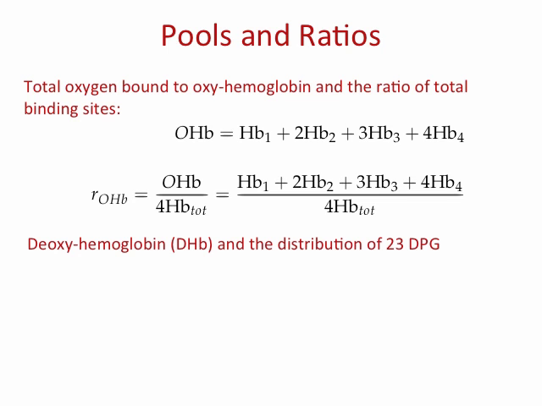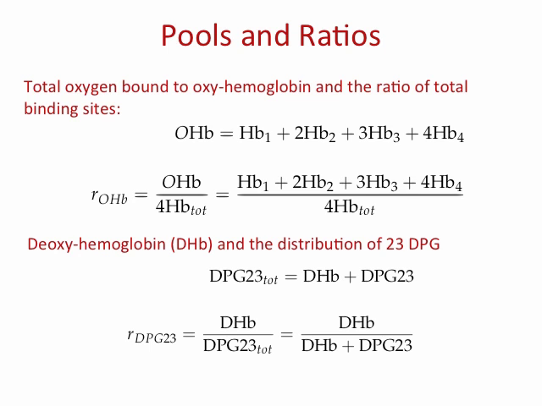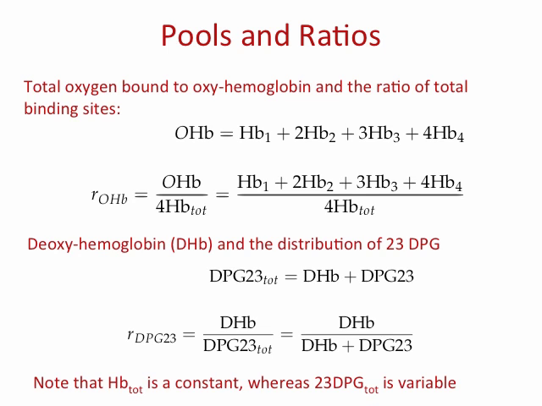We can also characterize the state of the inhibitor 2,3-DPG by recognizing that there is a total pool of 2,3-DPG, either free or bound in the form of deoxyhemoglobin. We can ratio the bound state of deoxyhemoglobin to the total, and that gives us the fraction of 2,3-DPG that is bound to hemoglobin and forcing it into an inactive state or a non-binding state. We note here that hemoglobin total is a constant.